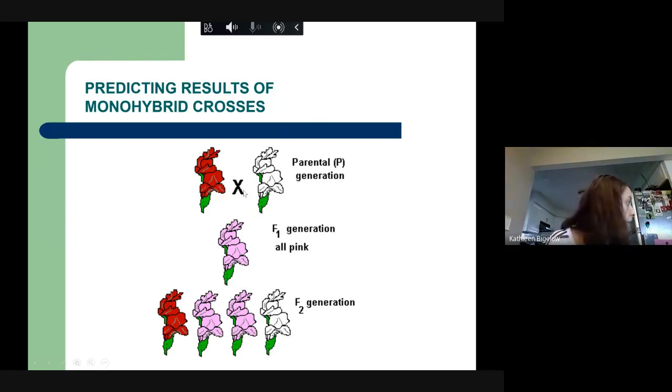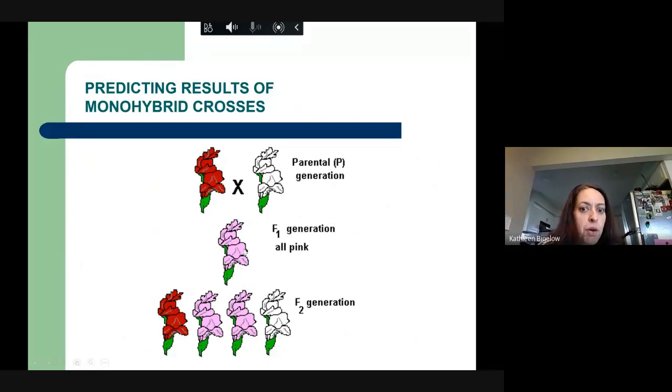So let's say flower color, right? Red and white won't necessarily give you red or white, but can give you pink. So this would have to be homozygous dominant. This would be homozygous recessive, which would make all of that first generation heterozygous.